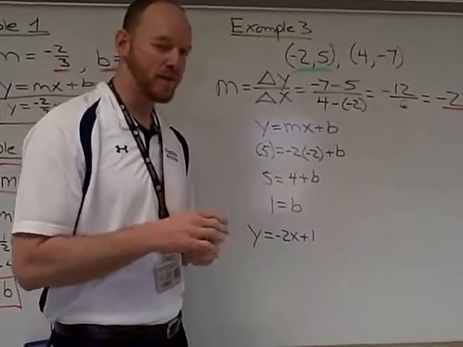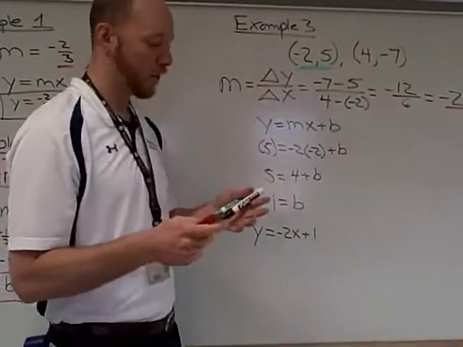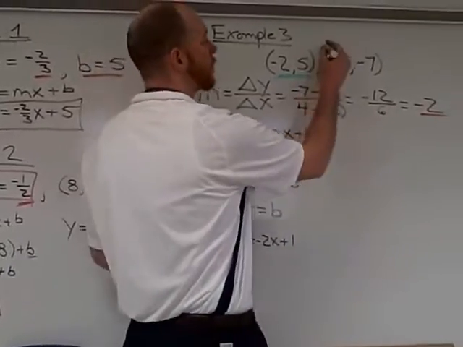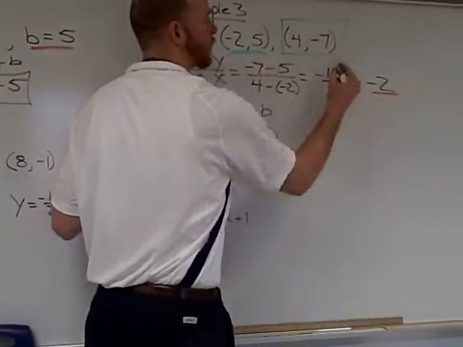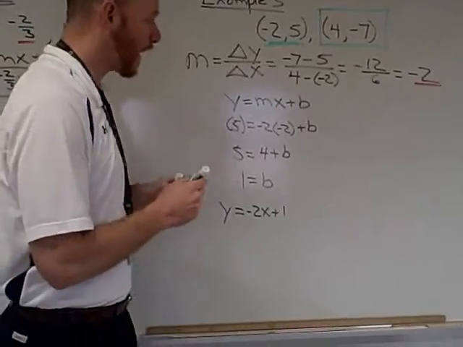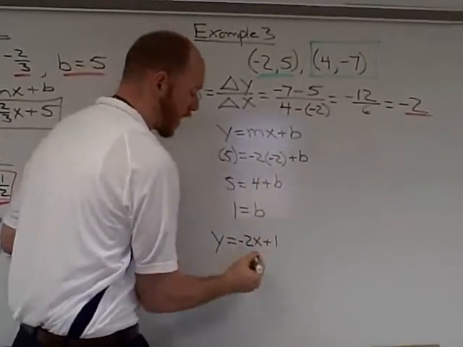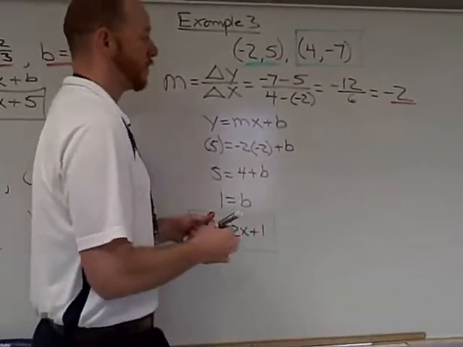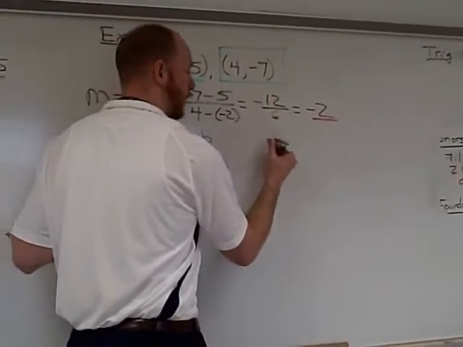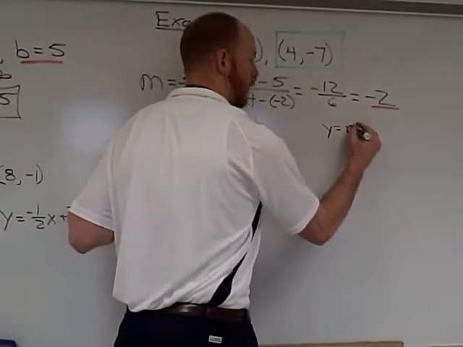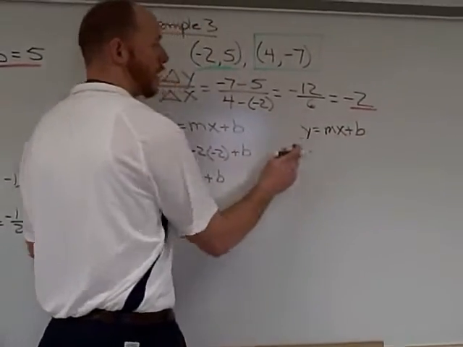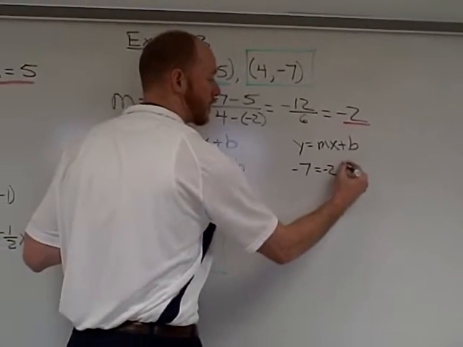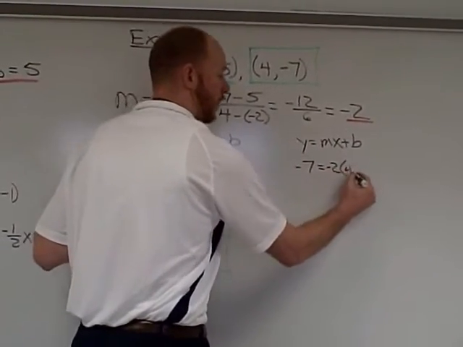Now, I said a minute ago that we could pick either point. I'm going to do the exact same problem, but this time I'm going to select this other point. What will happen is you'll see by doing the math, I will still come up with the exact same equation. So let's start with this point. y equals mx plus b. The y value is now -7. Our slope is still -2. The x value is 4.